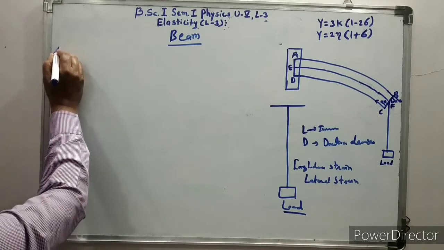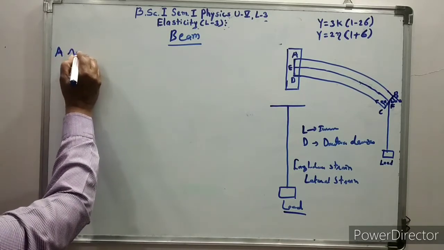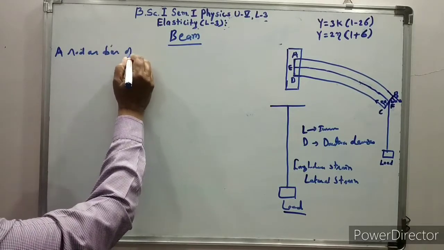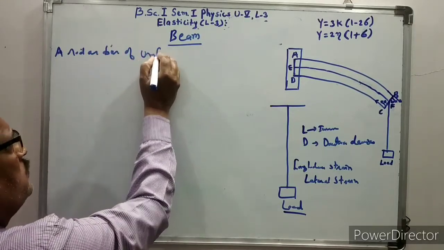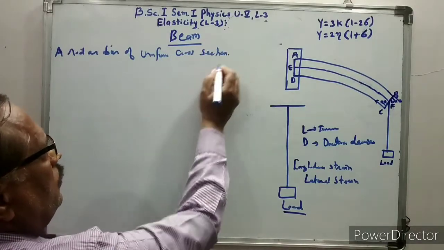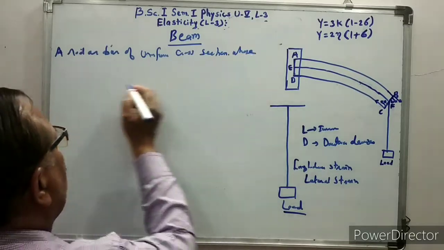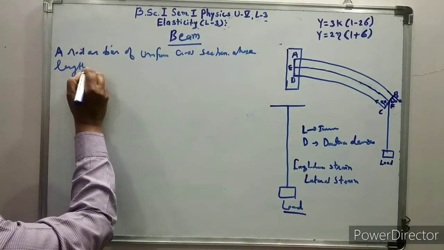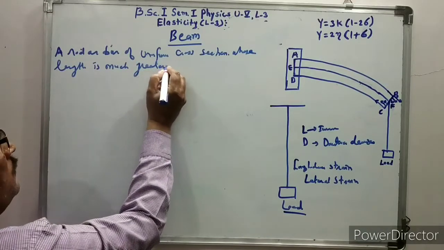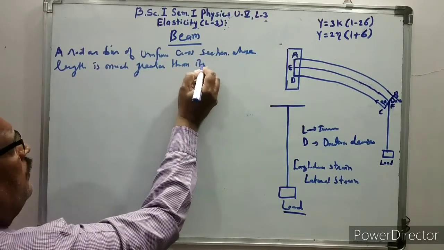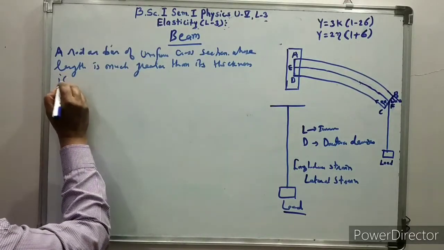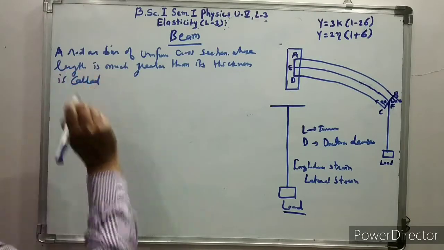A rod or a bar of uniform cross section whose length is much greater than its thickness is called a beam.